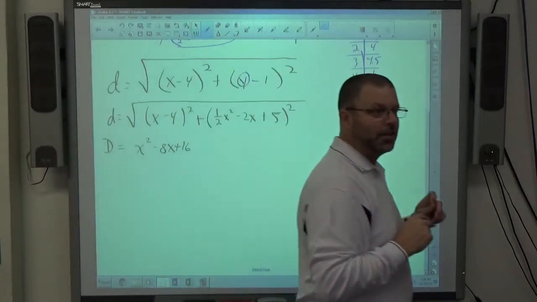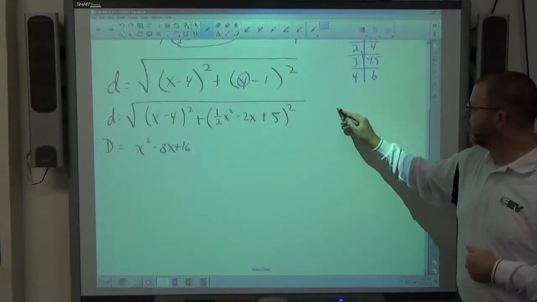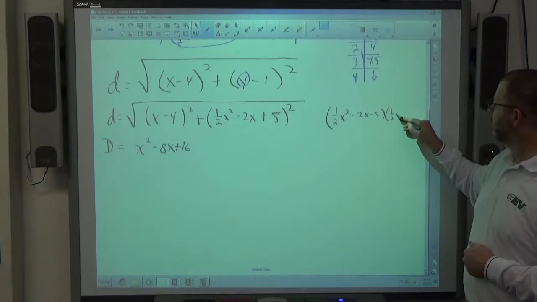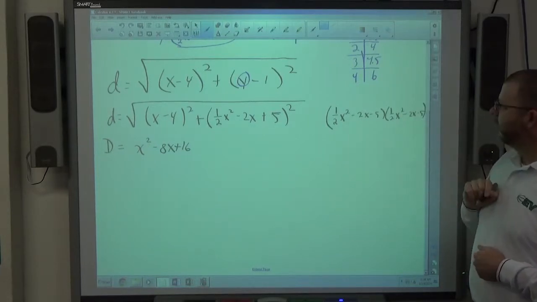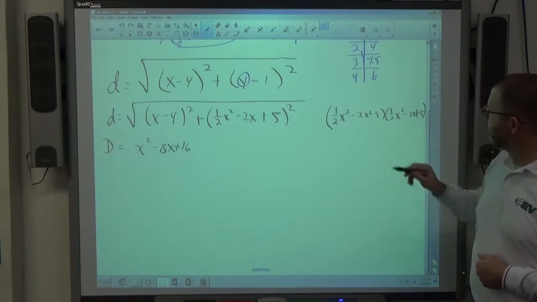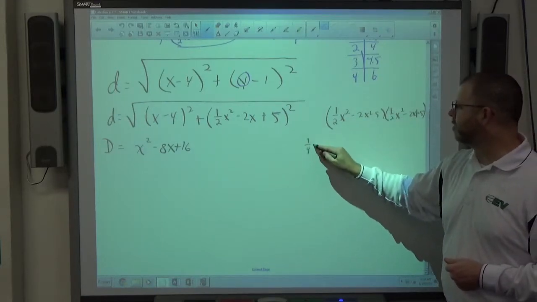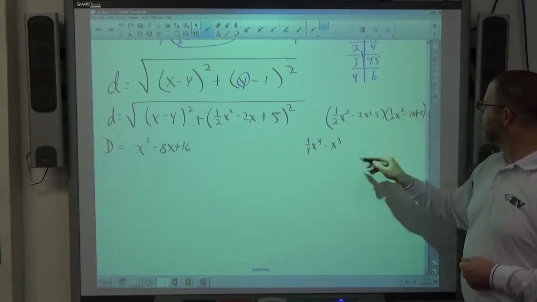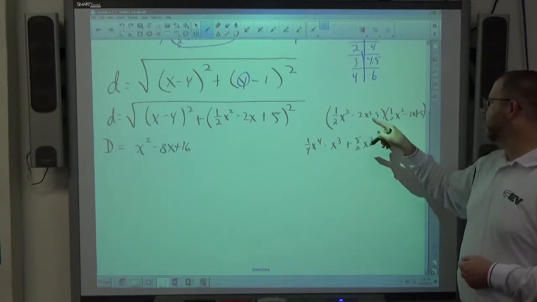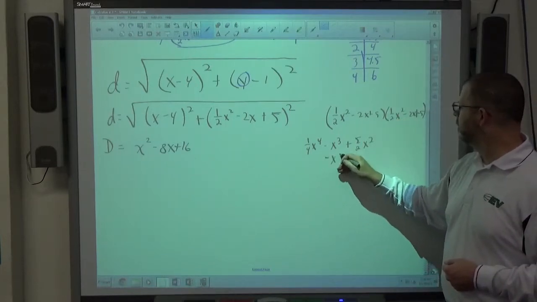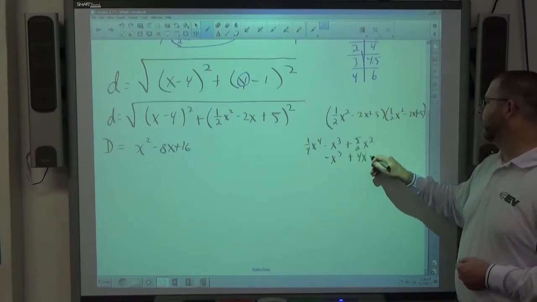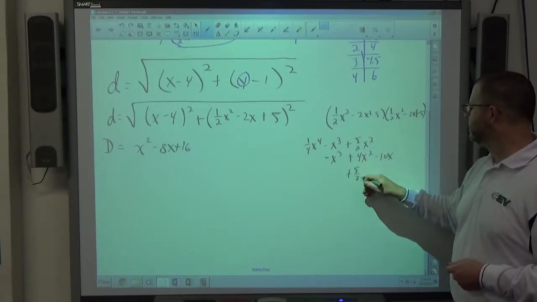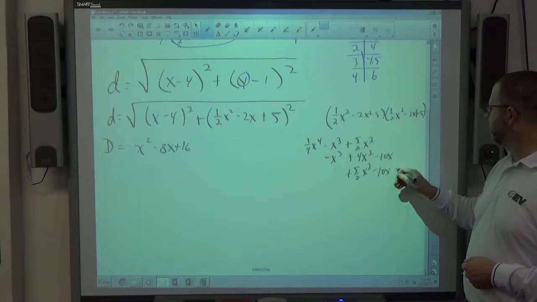This other one squared is not quite as easy, right? So I might, on a scratch sheet of paper, do that product. (1/2 x^2 - 2x + 5) times (1/2 x^2 - 2x + 5). 1/2 x^2 times 1/2 x^2 is 1/4 x^4. 1/2 x^2 times -2x is -x^3. 1/2 x^2 times 5 is 5/2 x^2. -2x times 1/2 x^2 is -x^3. -2x times -2x is positive 4x^2. -2x times 5 is -10x. 5 times 1/2 x^2 is 5/2 x^2. 5 times -2x is -10x, and 5 times 5 is 25.